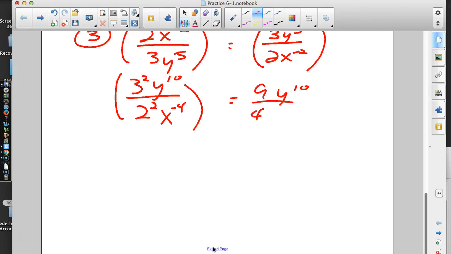This is a 4. But we still have one issue, and that is we have a negative power. So we're going to have to take the reciprocal of just that x term, because the y to the first power is going to stay exactly where it is. It's just the x to the 4th that has to come up to the top in order to become positive.